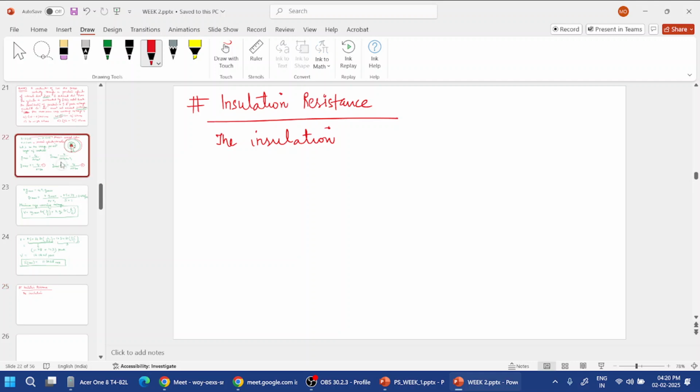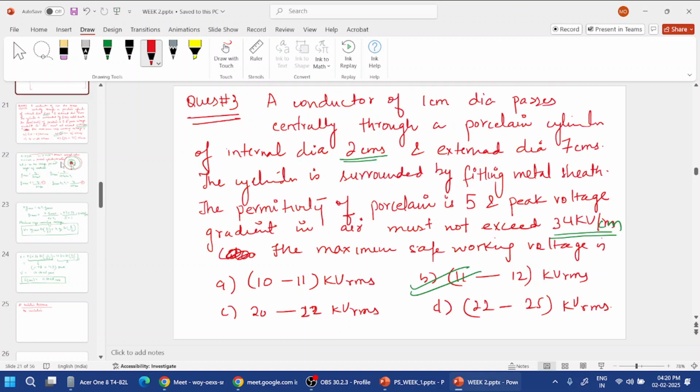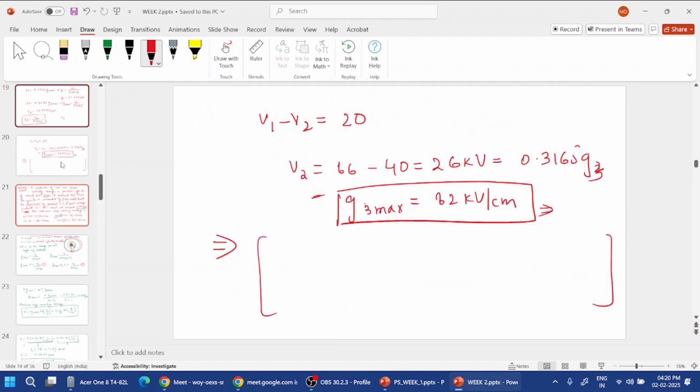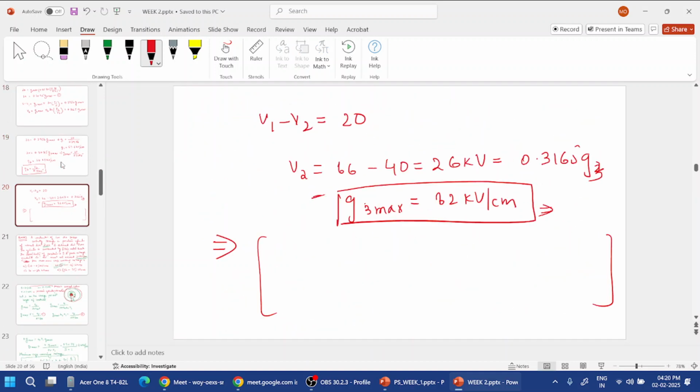Actually, before I move on towards this, I have to clarify one thing. In this numerical, how are we going to calculate V2? I have told you about it and I will write its explanation later, but let me write it down here.